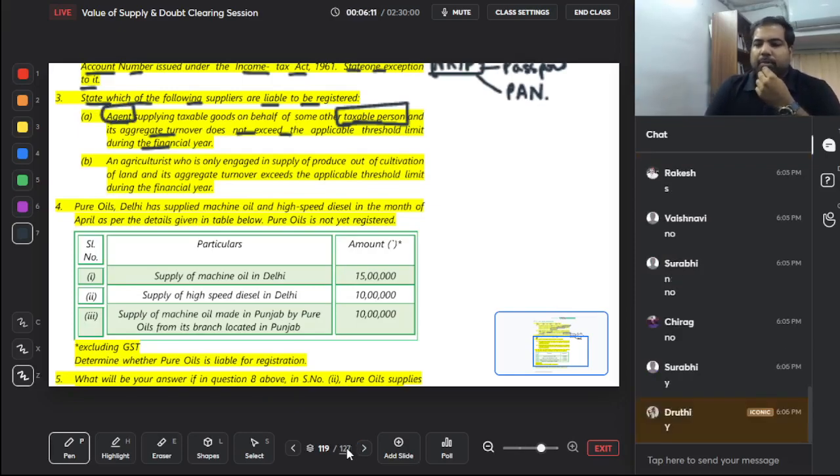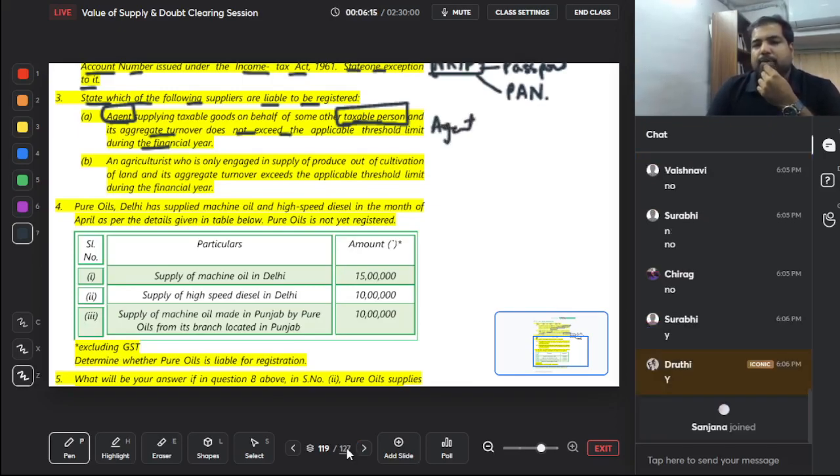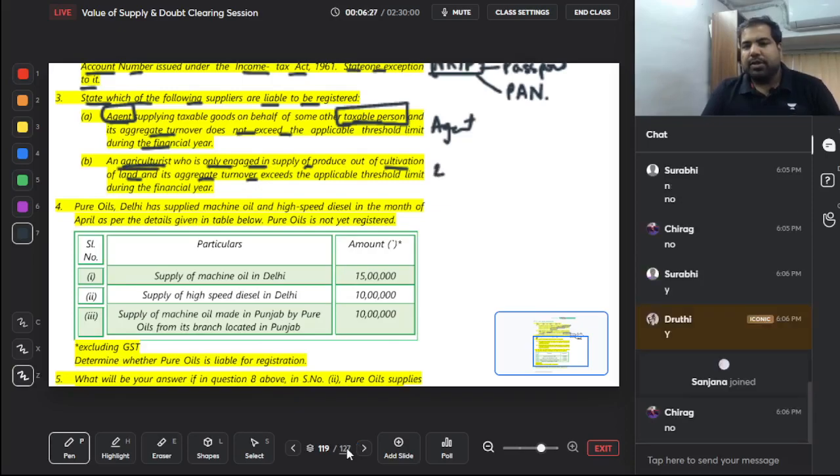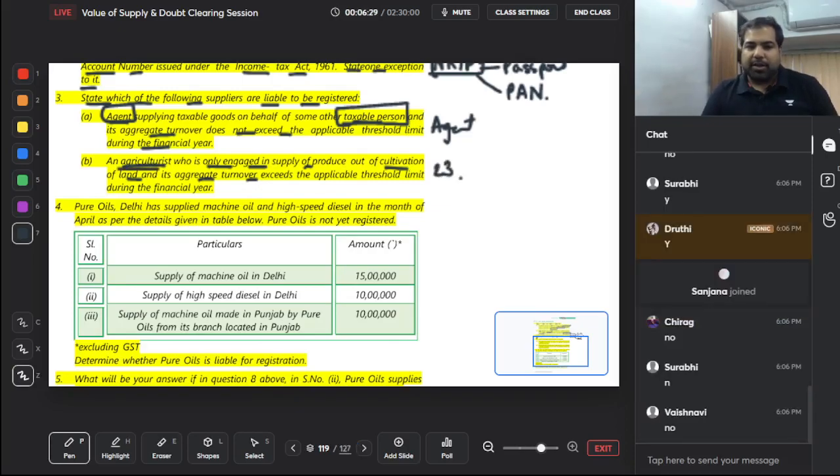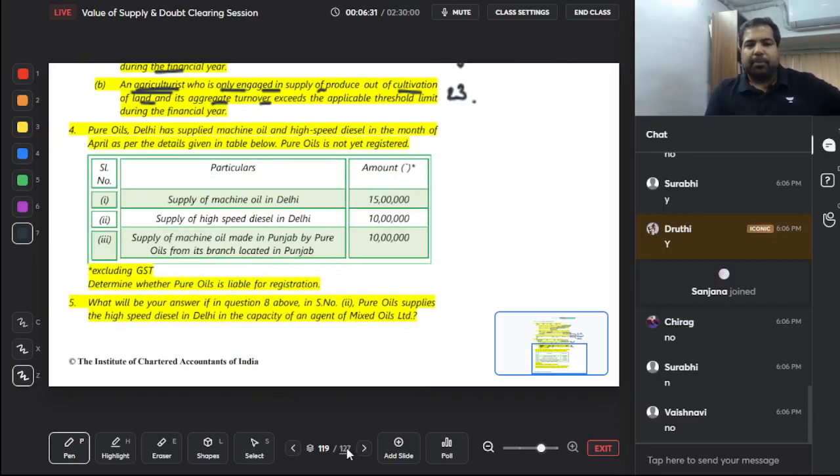Yes. Do you remember this, guys? Yes. So agent, if your principal is a taxable person. Next, an agriculturist who is only engaged in supply of produce of cultivation of land and aggregate turnover exceeds. Guys, agriculturists, will they have to register? No. Section 23. Good answers, guys. Moving ahead, pure oils.